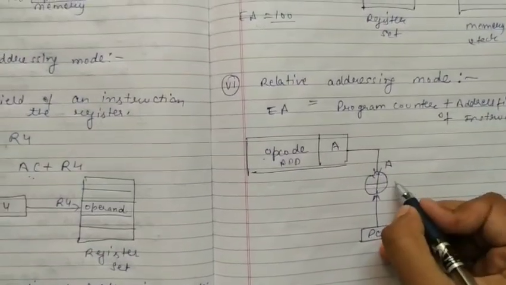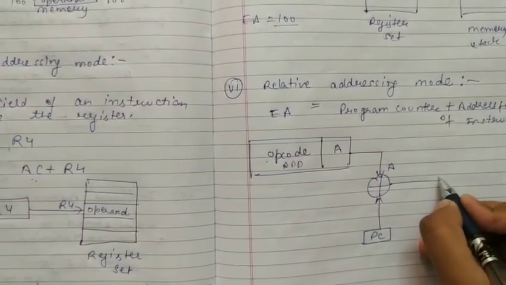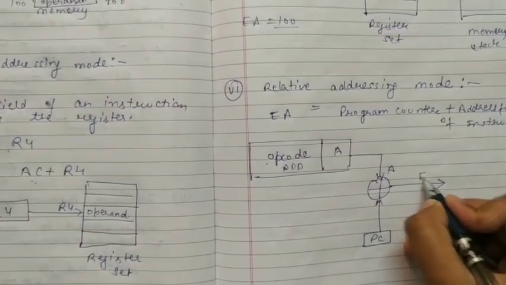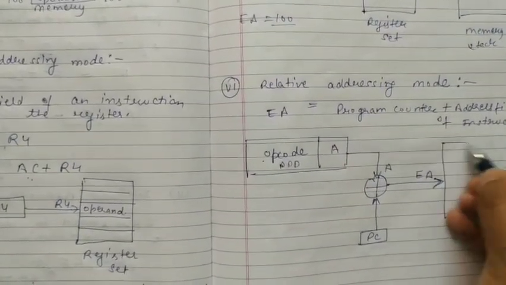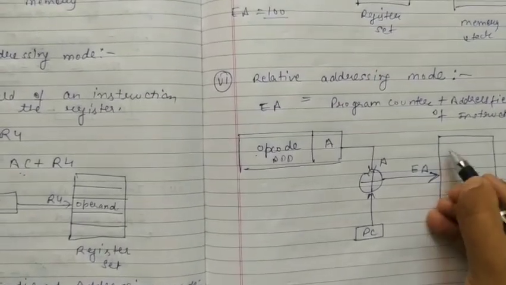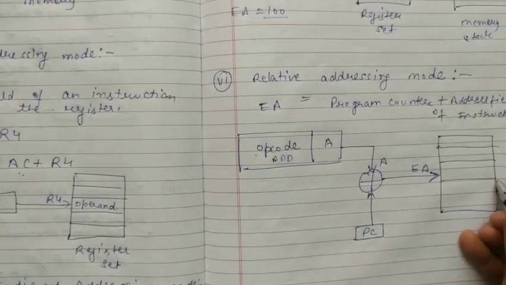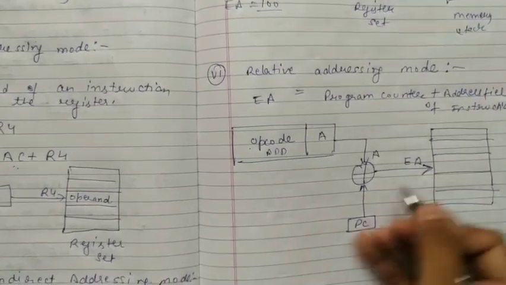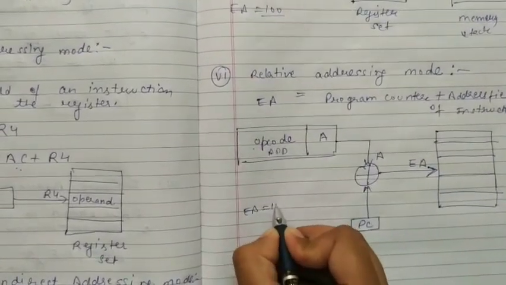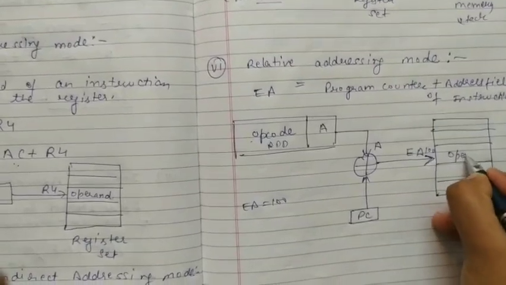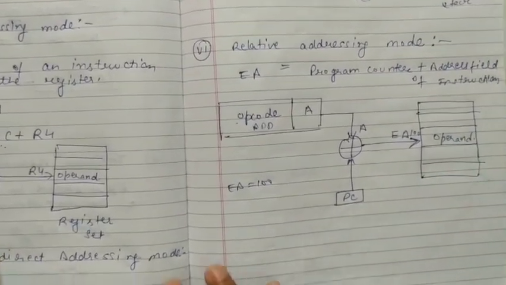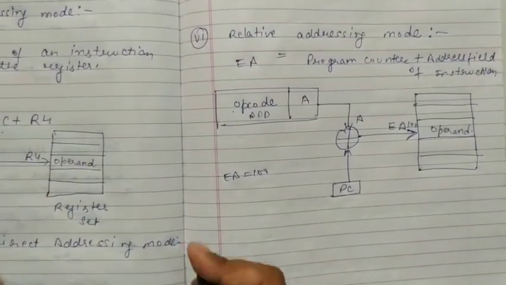It will add both values, and the final result after the addition will work as the effective address, meaning the address of the operand. Now suppose our effective address EA is 100, then at memory location 100 our operand will be residing. This is the relative addressing mode.